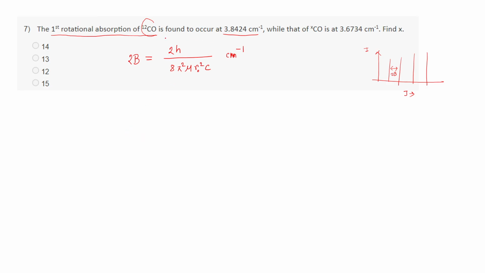Suppose this is my M1 molecule, this is my M2. So what do you think? What are the things going to be constant in the rotational constant from 12CO to XCO?